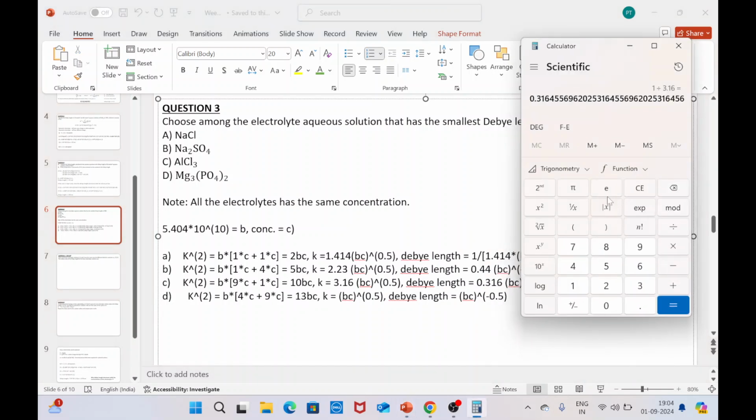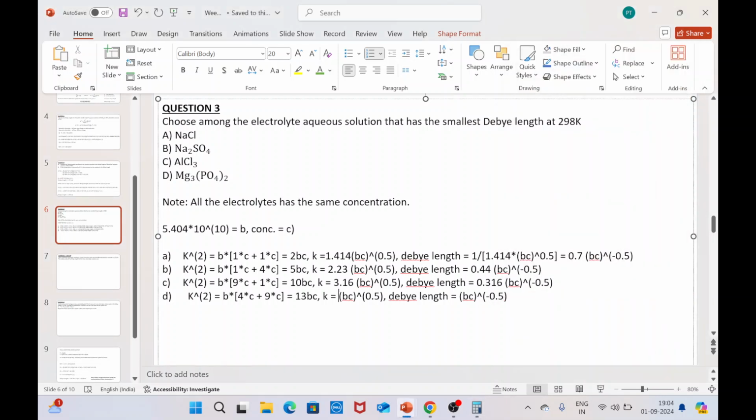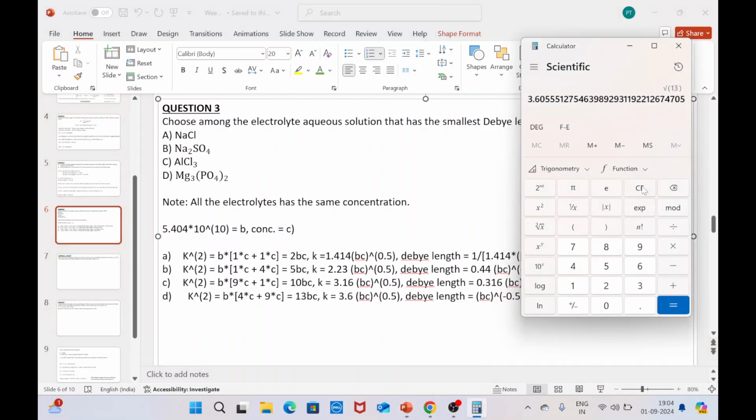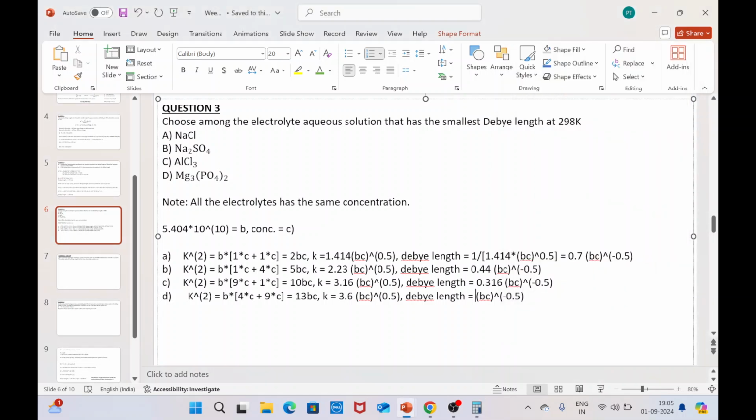So root of 13 is 3.6, and 1 by 3.6 is 0.27.